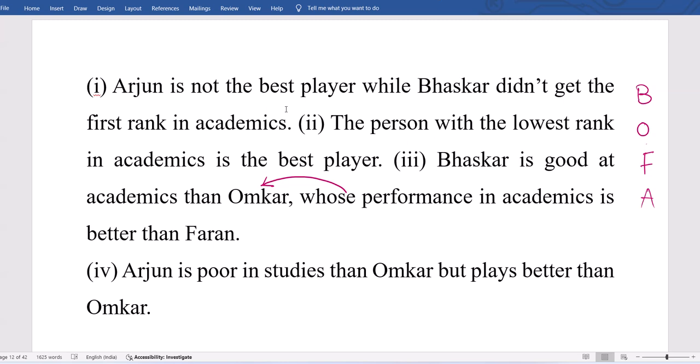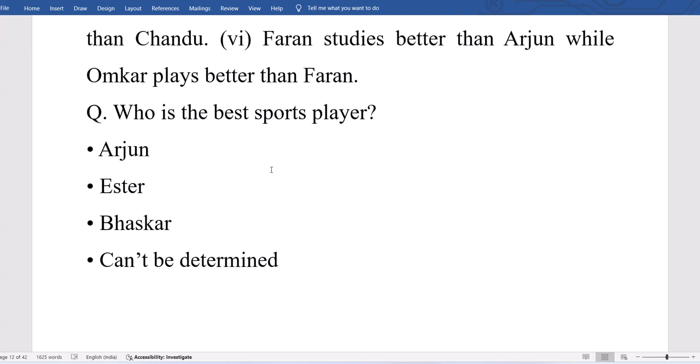B is not the first one. Bhaskar did not get the first rank. There are two empty slots above, so B may be in the third position, or else the other choice. Okay, fine, I'll put this one chance in regarding academics. B, O, F, A: above are two empty slots, or it can be one empty.